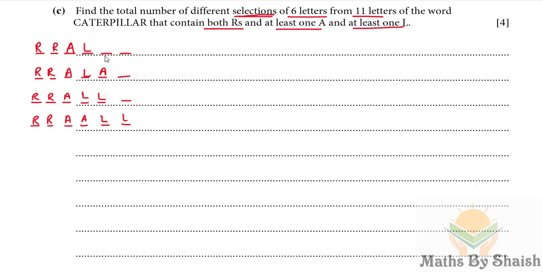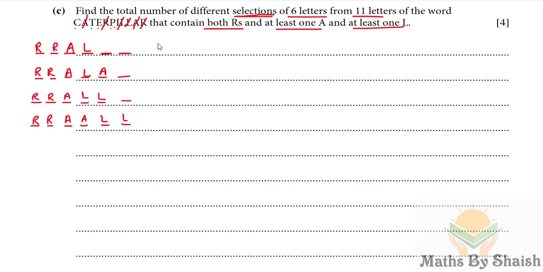So we only have to find the selection for these empty places. Here we can see the 2 A's. If this is A, it means we are talking about only one A here, so it cannot be filled with A, so both A's are gone. Similarly both L's are gone and R's are already selected. So we are left with only 5 letters.